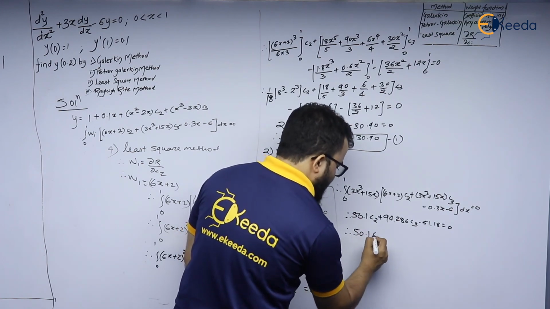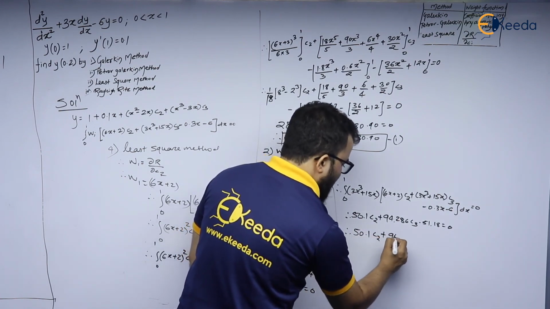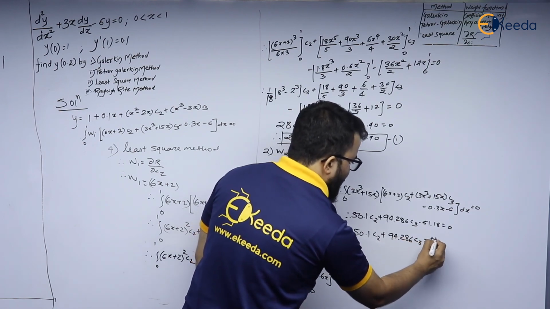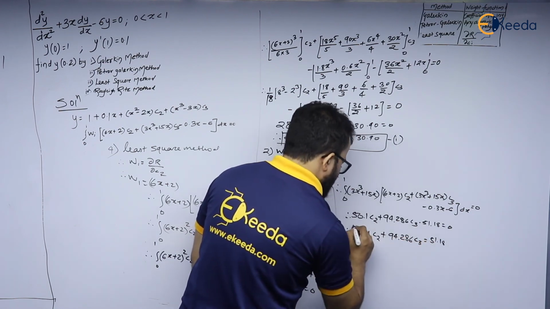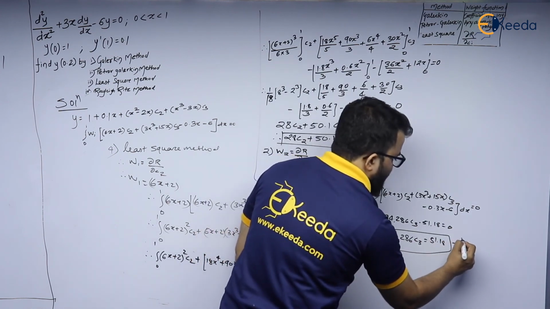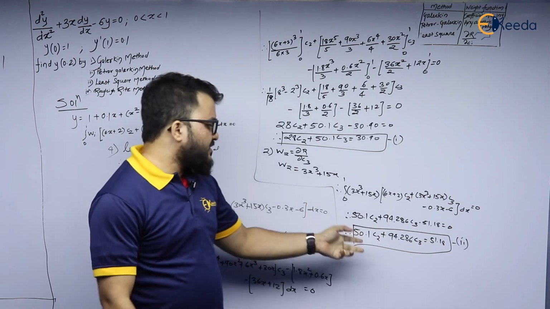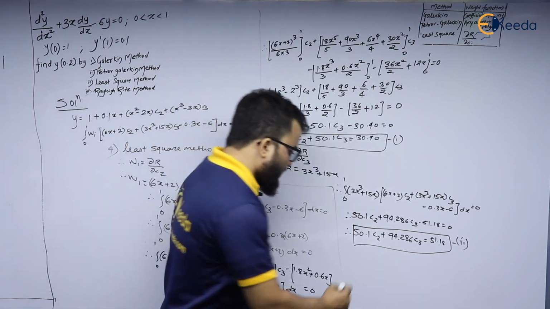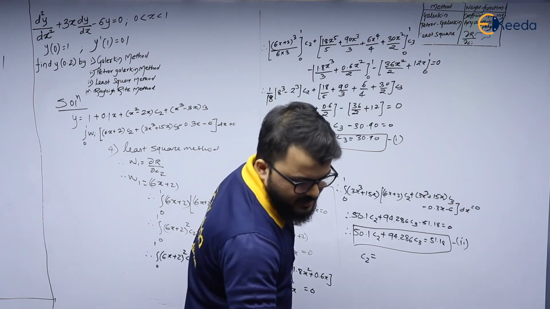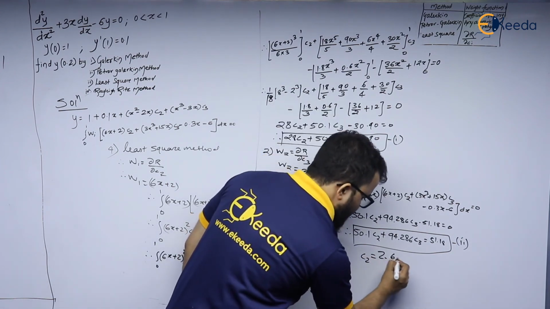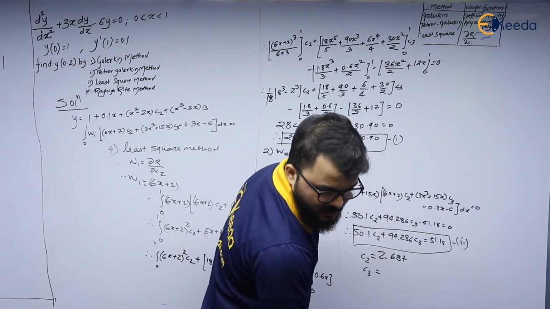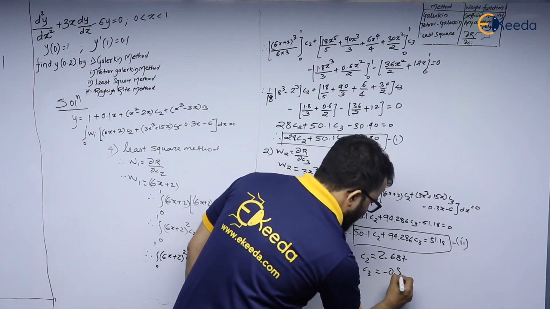You will get 50.1C2 plus 94.286C3 is equal to 51.18. Let us assume this is equation number 2. Okay, after putting these two equations in the calculator, I will get the value of C2 equal to 2.687 and the value of C3 equal to minus 0.885.